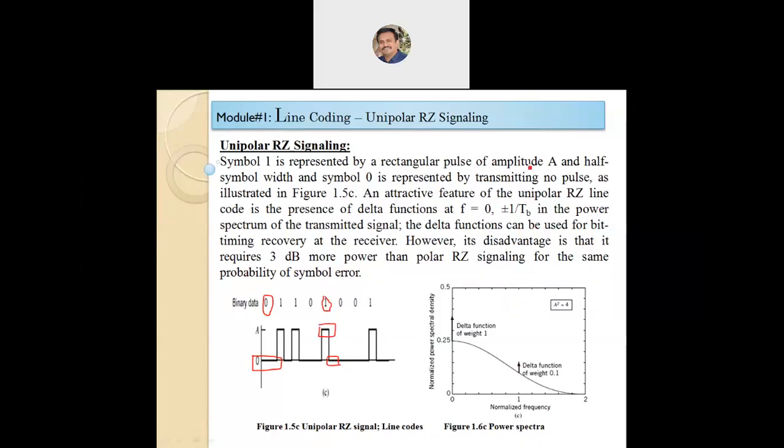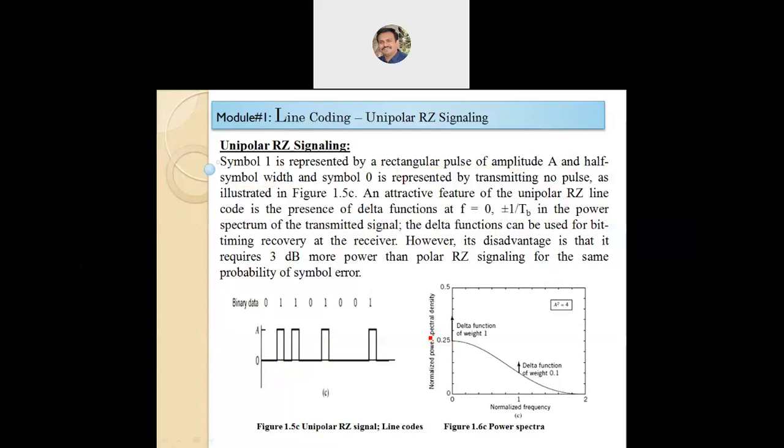Hence it is a rectangular pulse of amplitude A and half symbol width. The power spectrum of the transmitted signal is shown in figure 1.6, where the power spectral density at 0 frequency is about 0.25.